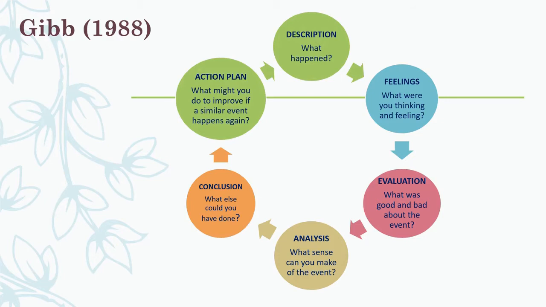And finally, we move to our last stage called action plan. In here, we may want to answer the question, what might we do to improve if a similar event happens again?